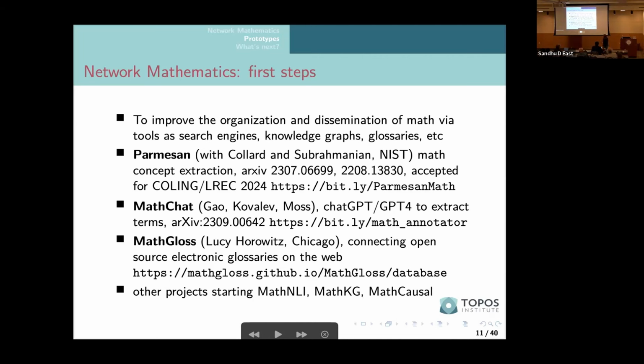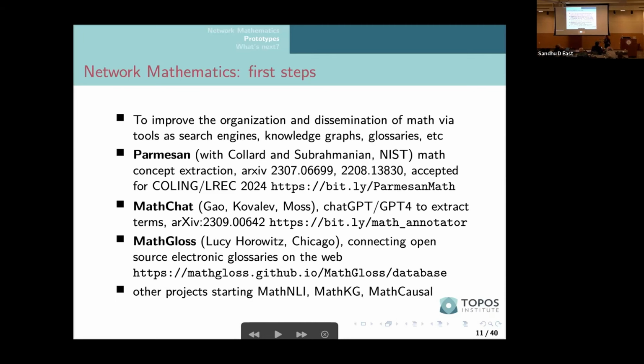In our case, two specific LLMs, ChatGPT, which is actually GPT-3.5, and GPT-4, to do what we were trying to do before with traditional neural nets, extracting concepts from text in mathematics. And the third little prototype is MathGloss, which connects mathematics already on the web.